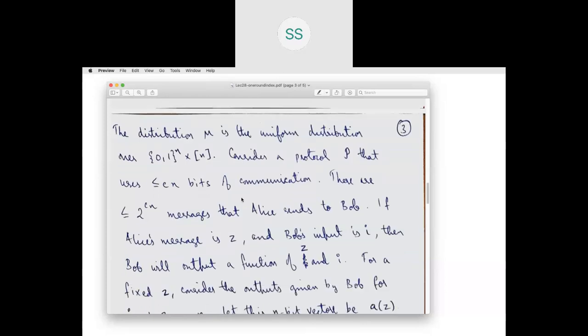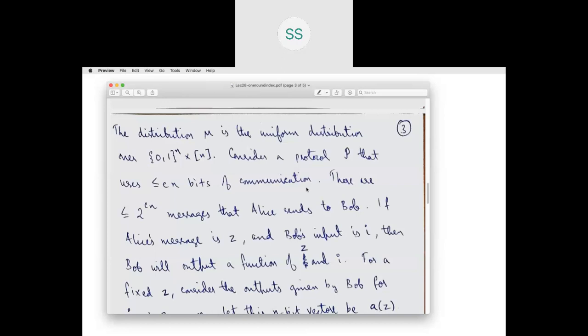Anyway, so consider a protocol P that uses at most Cn bits of communication. Now, C again, recall we'll set C to be 0.1. So think of it as something that is smaller than 1. Alice's input is of n bit length.